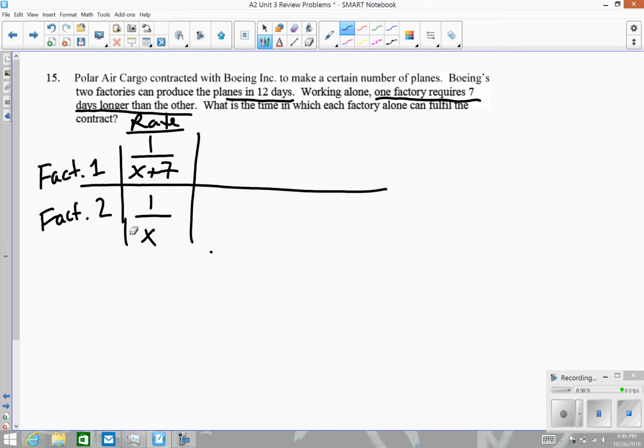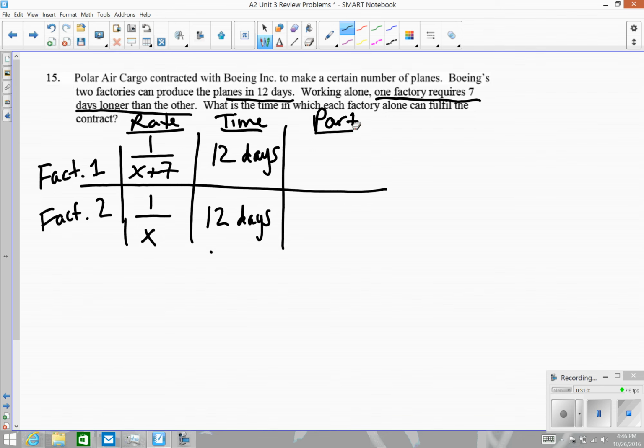Now don't forget, if they are working together or working for 12 days, they're going to complete that one job. So if I give them both 12 days to work and multiply the rate that they work at times the time that they work, we're going to get what part of the job they complete.